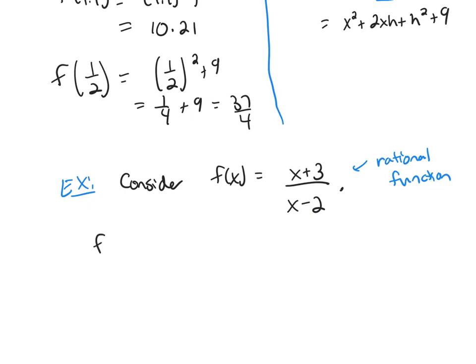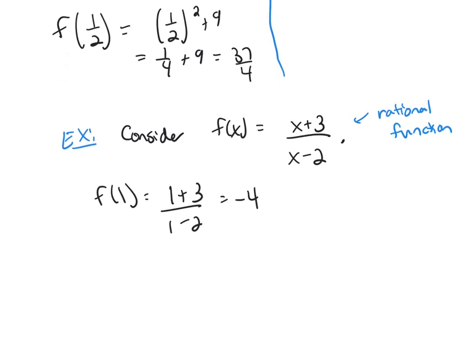So let's start by plugging in 1. Right, 1 plus 3 over 1 minus 2. You'll get -4. I can also plug in 0 into this function. 3 over -2.